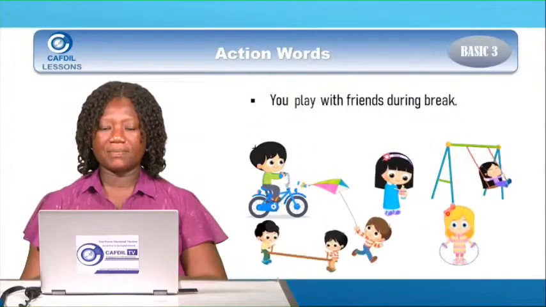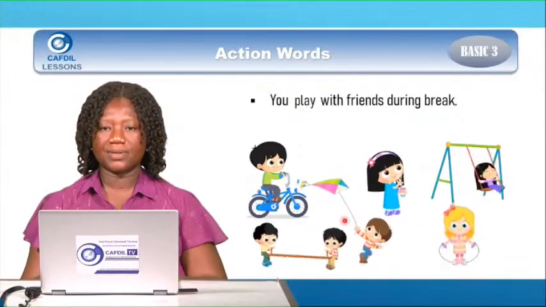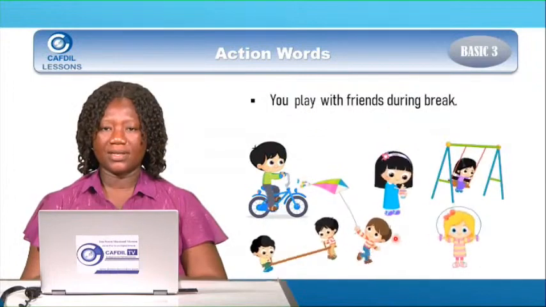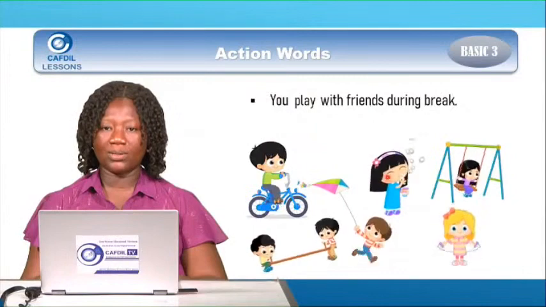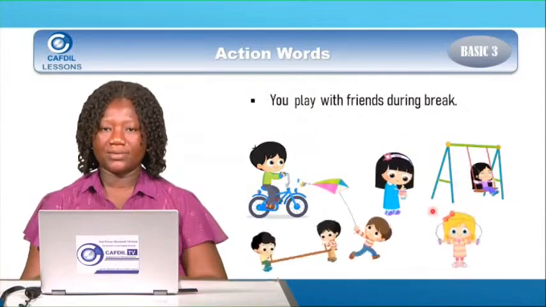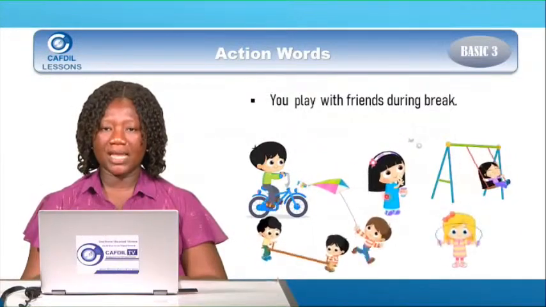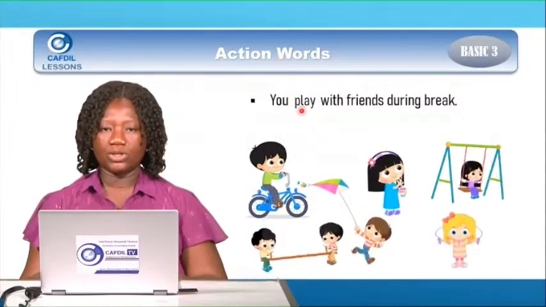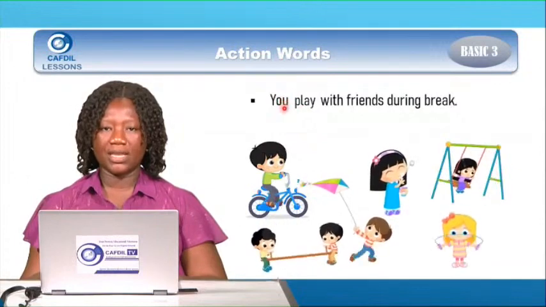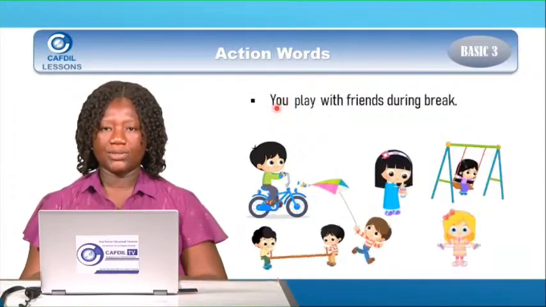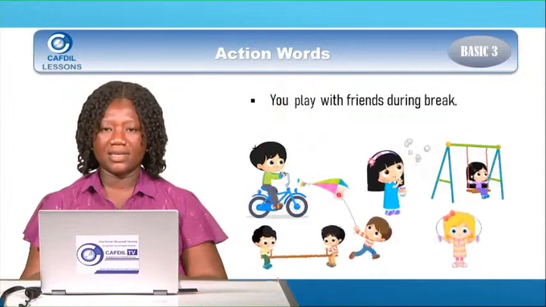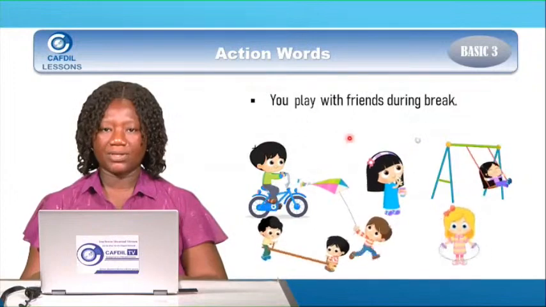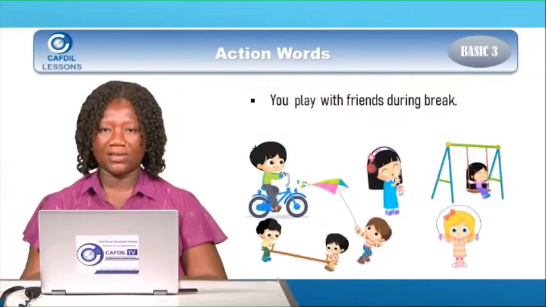What do we see in this picture? What is going on? They are all playing. So we want to talk about the action going on using you. So can we have our sentence talking about the action here?